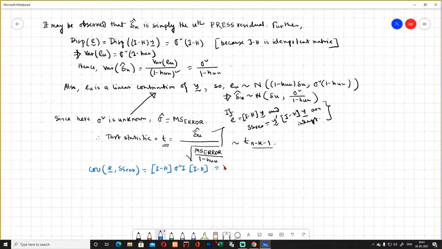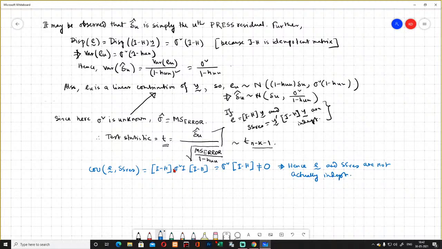Then this is nothing but sigma square (I − h), and we see that this is not equal to 0, hence e and SS due to residual are not actually independent.